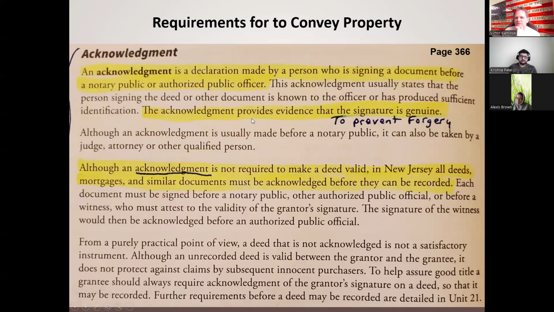Although an acknowledgement is not required to make a deed valid in New Jersey, all deeds, mortgages, and other documents have to be acknowledged before they can be recorded in the public records. If the deed's not acknowledged, it's not considered a valid document.